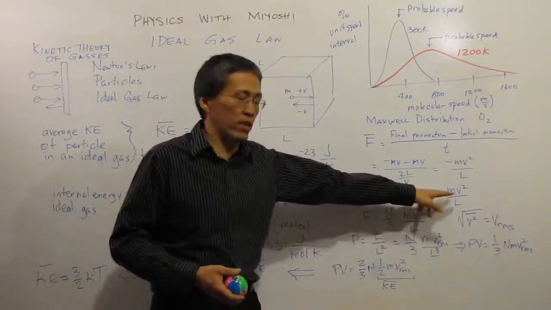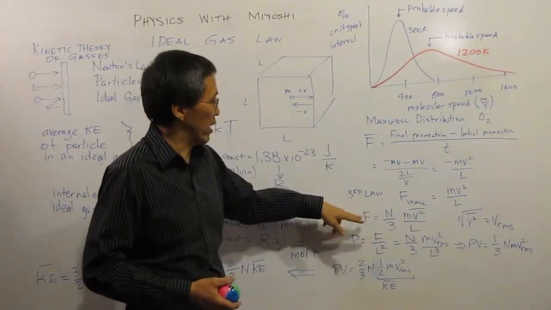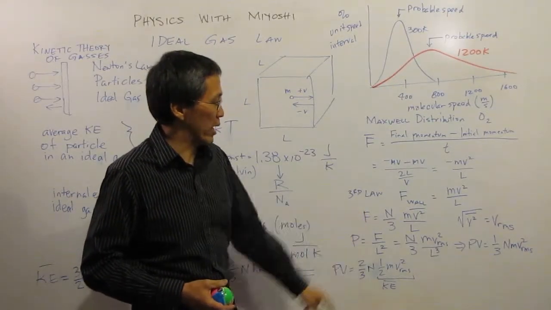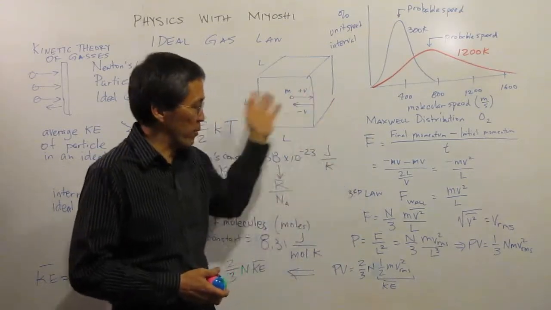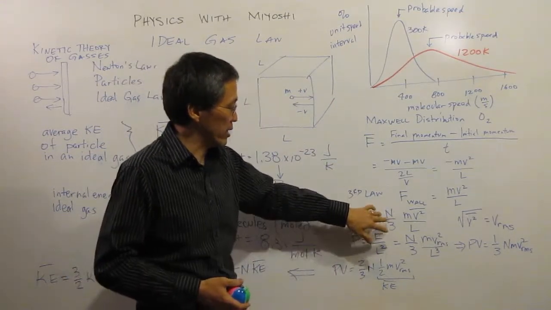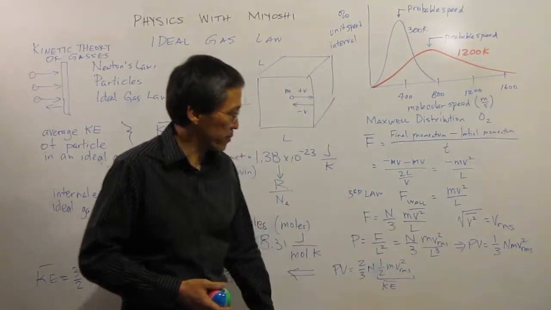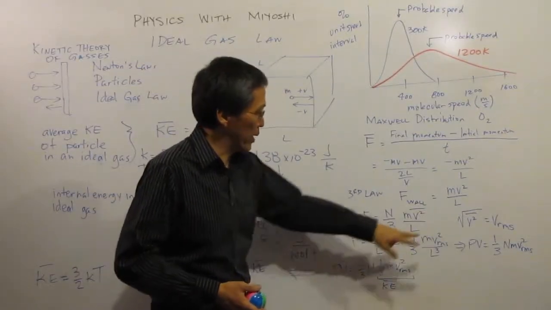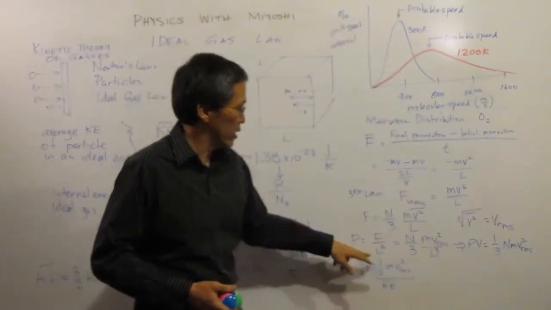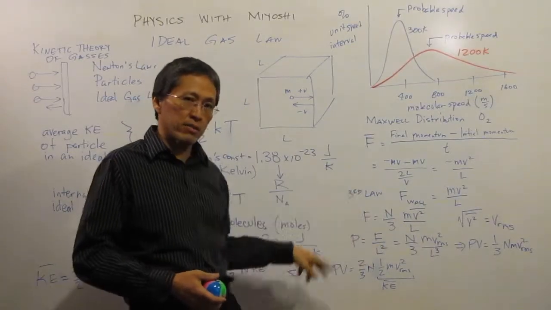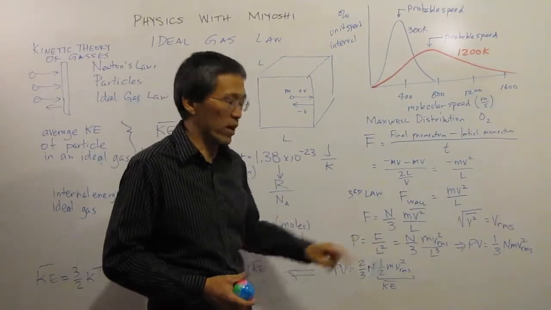And again, this comes from our individual particle. That's the force that an individual particle exerts, and the total force exerted by all of our particles is again N over 3 times mv squared over L. And this is our VRMS, so we substitute that back in. If we think about pressure, pressure is force over area.